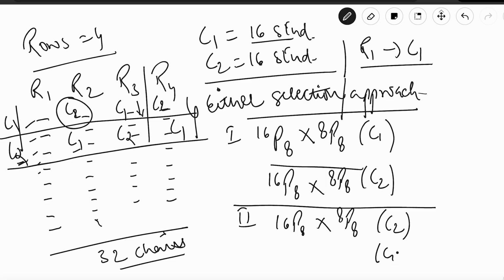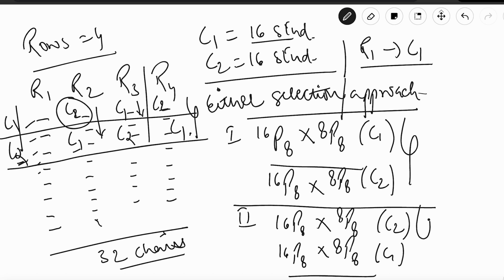Now for class 1, similarly, R2 is allocated to C1. So 16P8, 8 students to be selected from 16 and then arranged in row 2, and the remaining 8 students are to be arranged in row number 4. So the total permutation will be the addition of this and this, because it's the case of either approach 1 or approach 2.